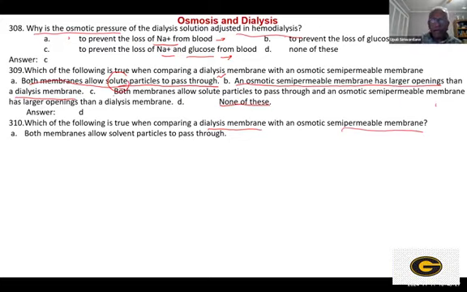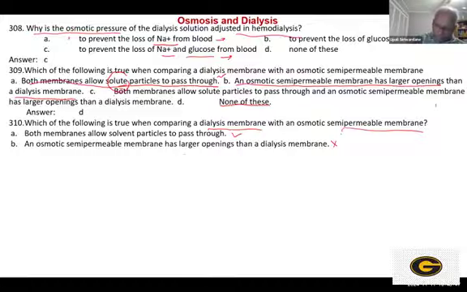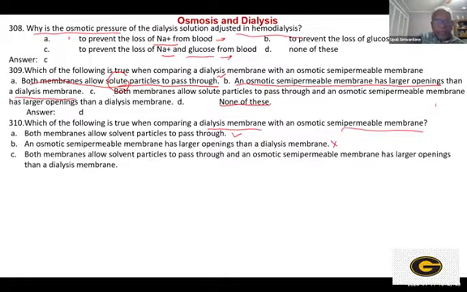Therefore, all are not true. Which of the following in problem 310? Both membranes pass through. I'm not sure about this. Both membrane solvent pass through an osmotic membrane, larger opening. I'm not sure about that. A should be the correct answer.